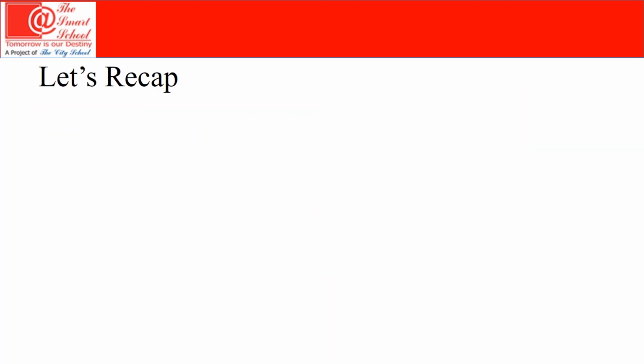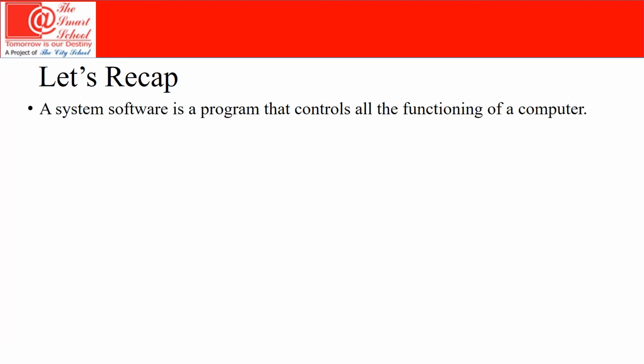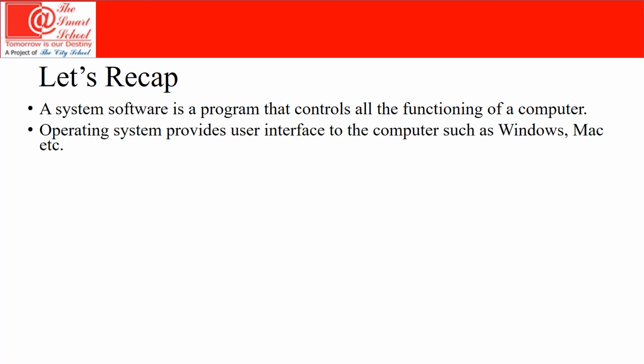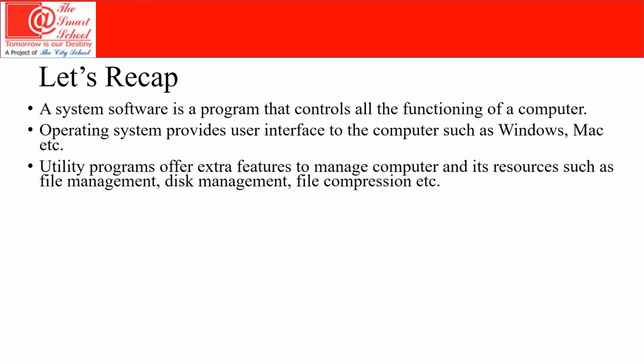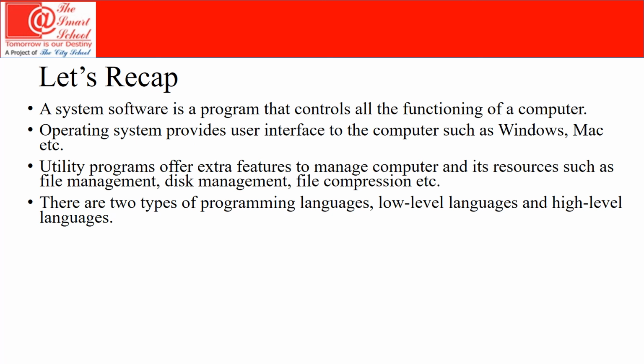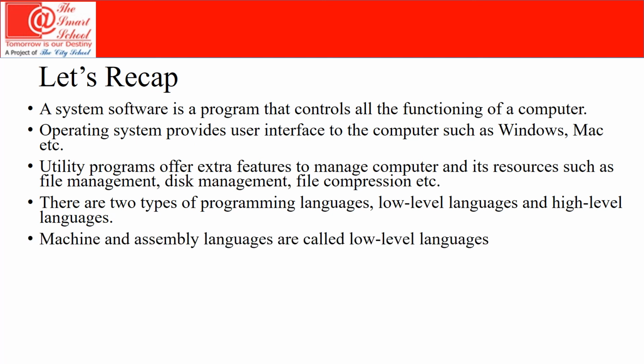Let's recap what we have learned in this video. A system software is a program that controls all the functions of a computer. Operating system provides user's interface to the computer, such as Windows, Mac, etc. Utility programs offer extra features to manage computer and its resources, such as file management, disk management, file compression, etc. There are two types of programming languages: low-level languages and high-level languages.